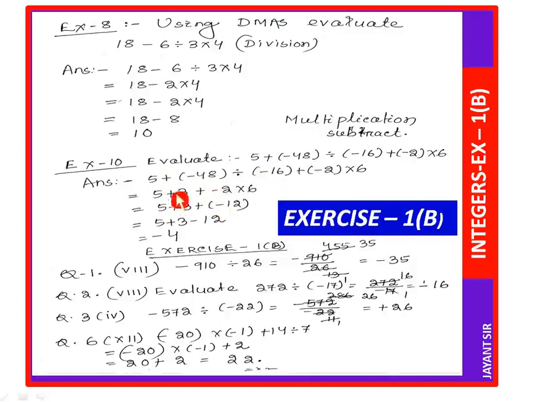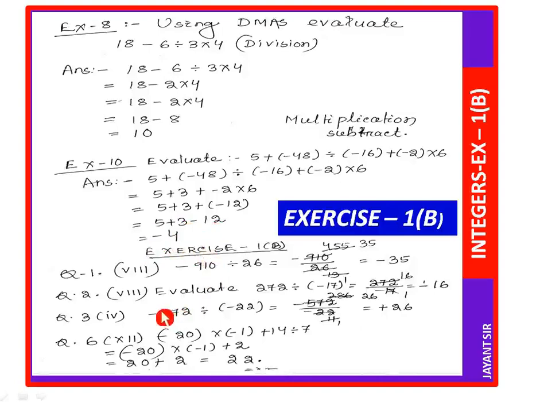So 5 plus 3, then plus minus 2 into 6, writing as it is. Minus 2 into 6 is minus 12. Next step: 5 plus 3 plus minus 12. Now 5 plus 3 equals 8, 8 minus 12 equals minus 4.